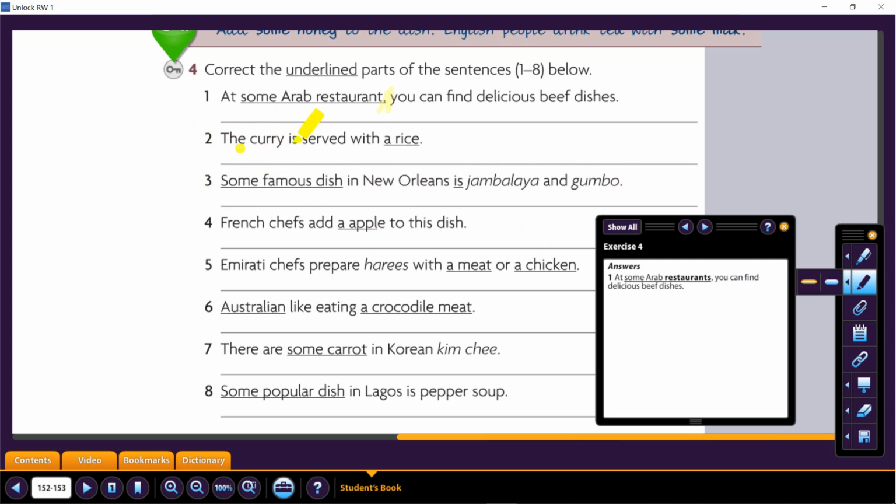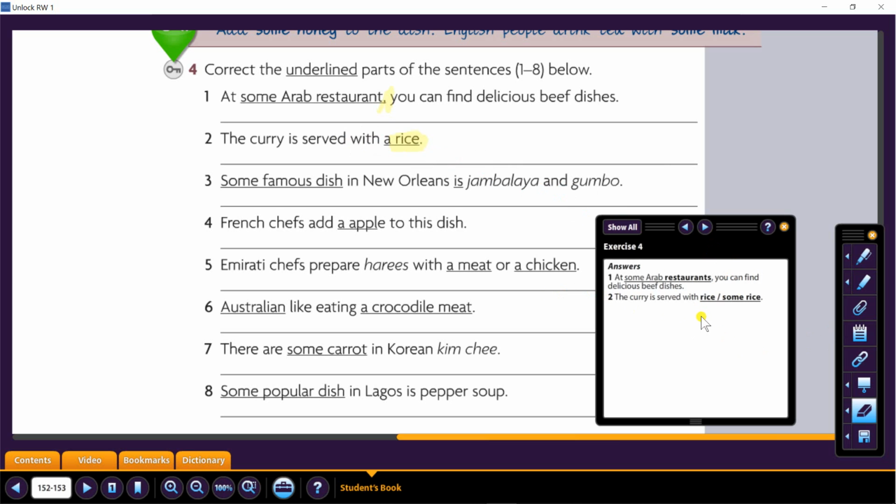Okay, number 2. The curry is served with the rice. Is it okay to say the rice? Because rice is an uncountable noun, and we learned that before an uncountable noun, we do not use articles or determiners.